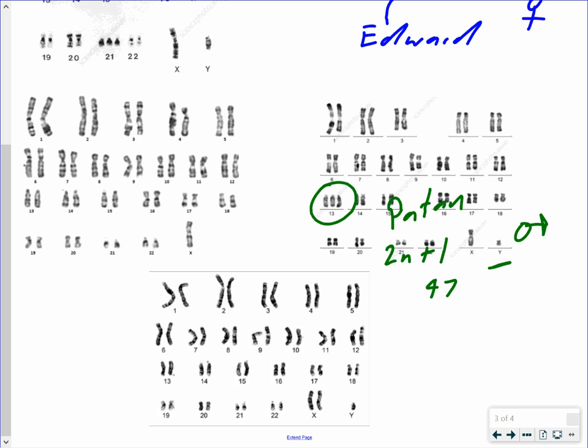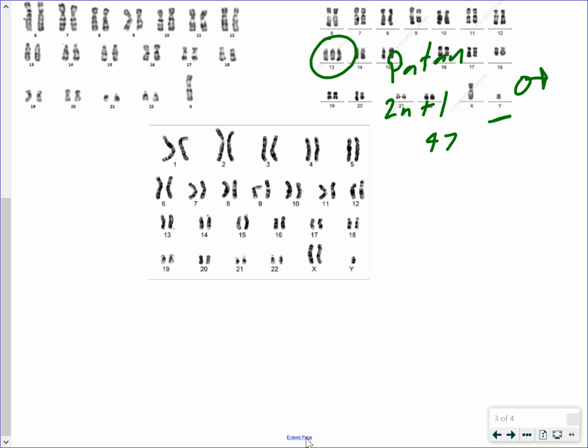The last one that I have on here, this one is showing a male because there is a Y chromosome. Whenever there's a Y chromosome, at least chromosomally speaking anyway, it is going to be a male. But this is a male that has two X chromosomes. So typically what you would see in this male would be feminization of characteristics, including the external genitalia.